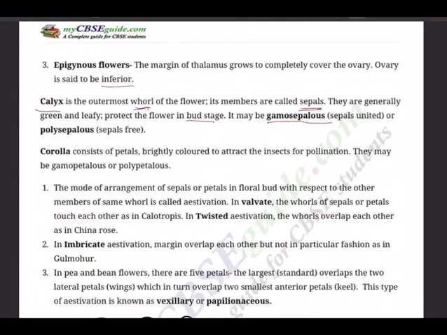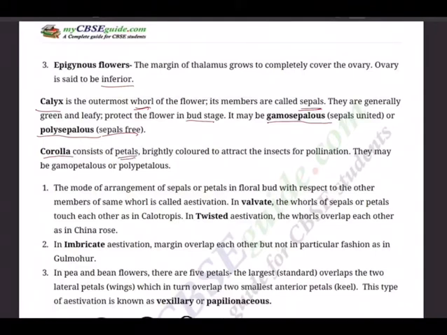We can take out sepals one after the other individually. Then we say sepals are free, and the technical word that we use is polysepalous. So gamosepalous, polysepalous.